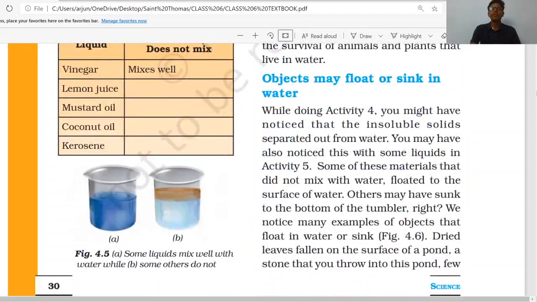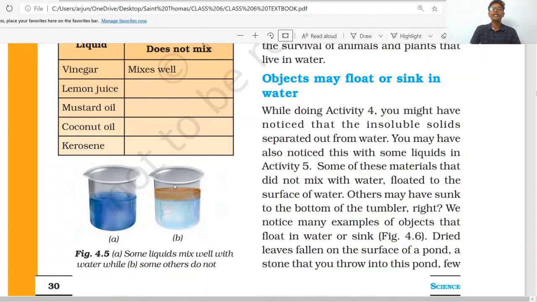Objects may float or sink in water. While doing activity number 4, you might have noticed that insoluble solids separate out from the water. You have seen that chalk powder or anything like that is insoluble in water. You may have also noticed this with some liquids in activity number 5. Yes, in activity number 5, coconut oil will form a different layer.